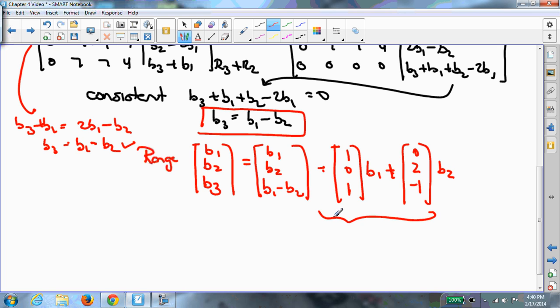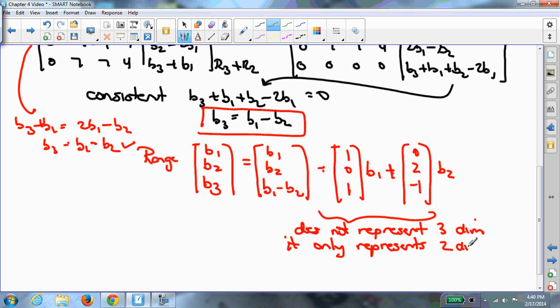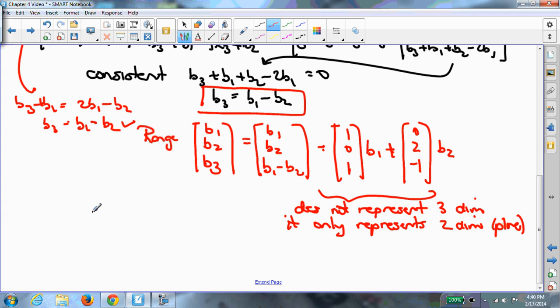But this does not represent 3 dimensions. It only represents 2 dimensions, a plane, because 2 vectors only represent a plane, they can't represent 3 dimensions. So let's finish this up. That means our range is R2.